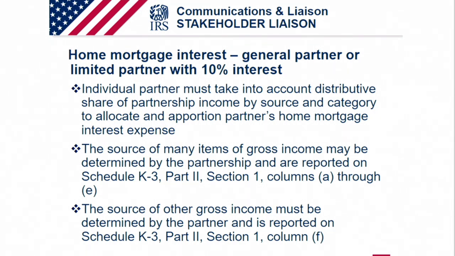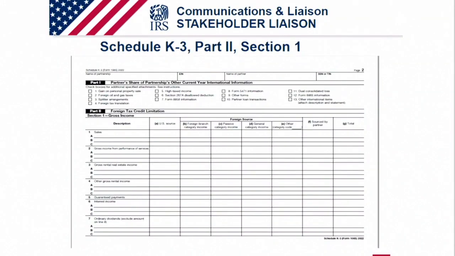This information comes from Schedule K-3, Part 2, Section 1, columns A through E. And in certain cases, the partner will need to determine the source of income. For example, when the source depends on the partner's residence, that will be reported in column F. A classic example of this is a sale of capital assets.